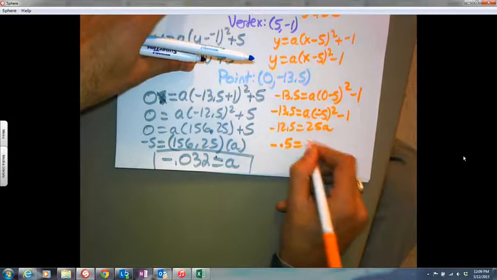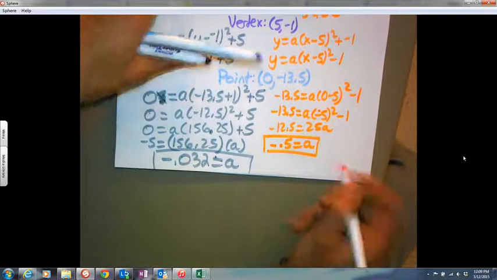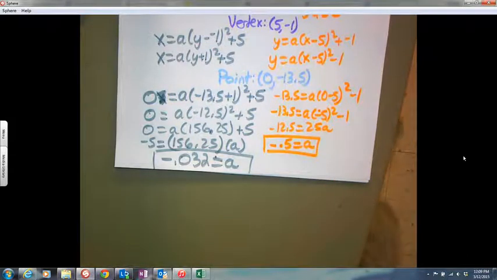And here's the a from the vertical. That also works. So what does this mean?